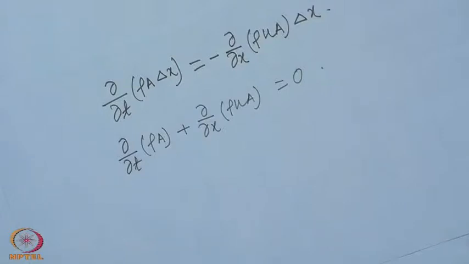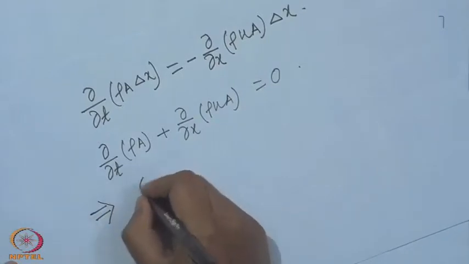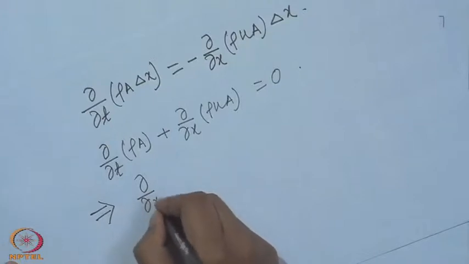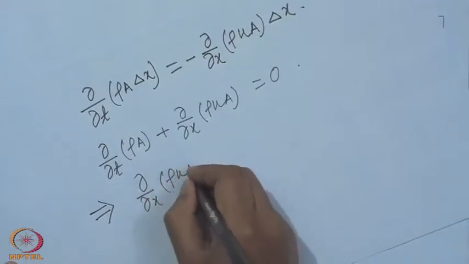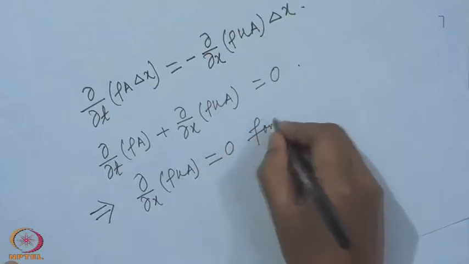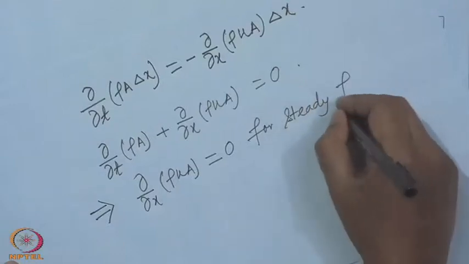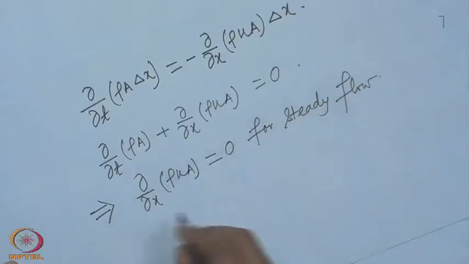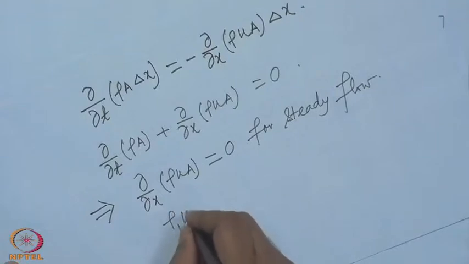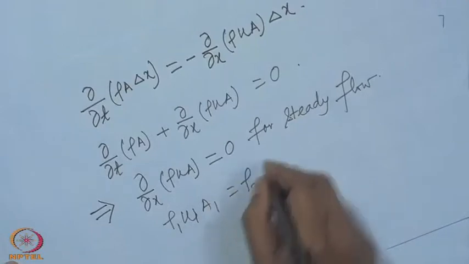If the flow is steady, that is the properties do not change with time, then we get d dx of rho u A equal to 0 for steady flow, which can be written as rho 1 u 1 A 1 equal to rho 2 u 2 A 2.